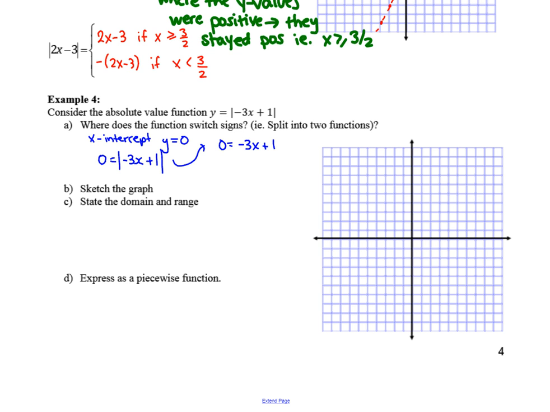First step, minus 1, and then divide by negative 3, and it equals 1/3. So your x equals 1/3 is going to be the x-intercept. That's the turning point. That's the vertex of our V.